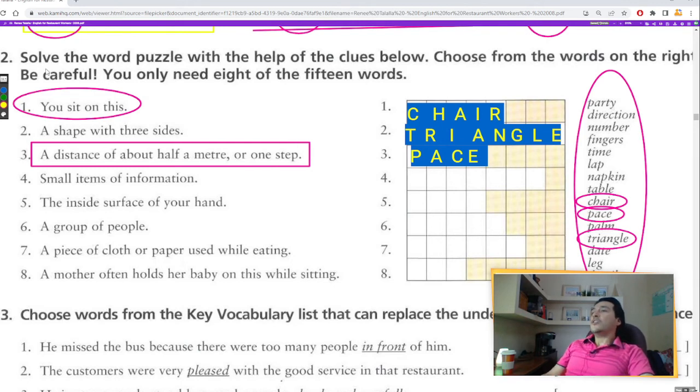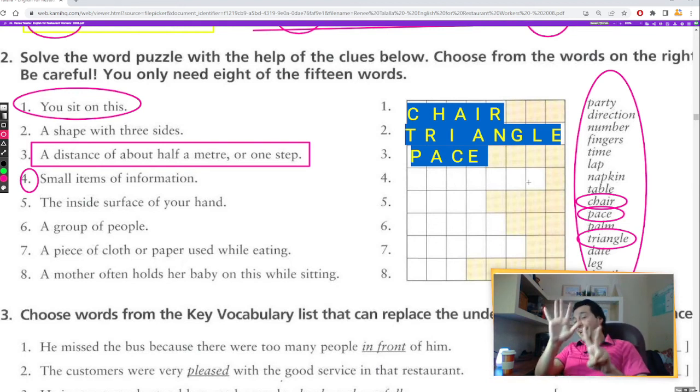Number 4, small items of information. 1, 2, 3, 4, 5, 6, 7 letters. What could it be?